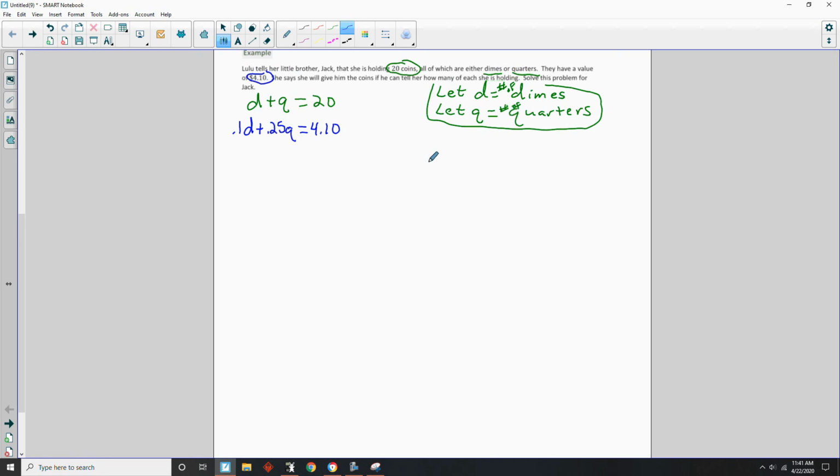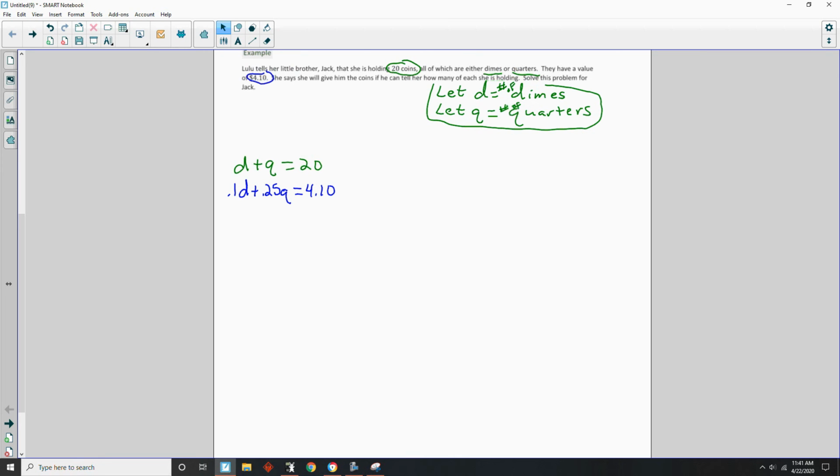Okay, so now that I've done this, I need to represent a system and solve it. So let me just move this down here a little bit so I have more room. Okay, they're all lined up nicely, and then I need to do something to one of these. Let's see, if I multiply this by negative 10, I will get dimes to cancel.